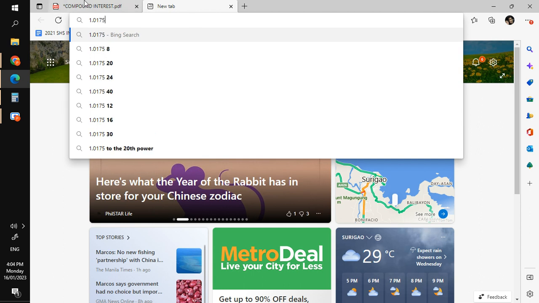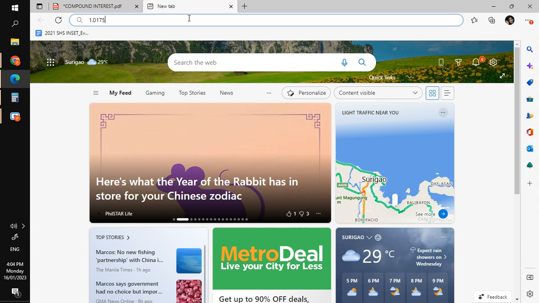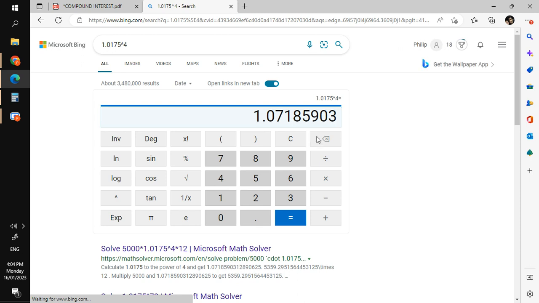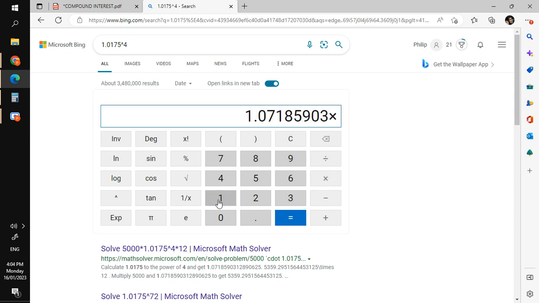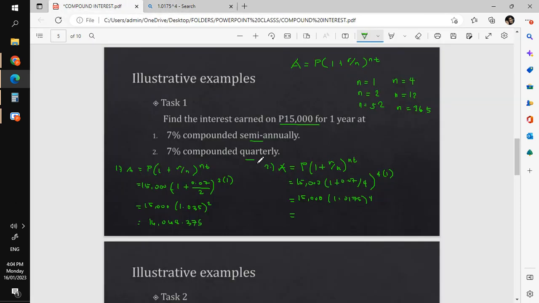It will be a lot easier if you have your scientific calculator. 1.0175 raised to 4. Okay, the value is this, multiplied by 15,000. The answer is 16,077.885.